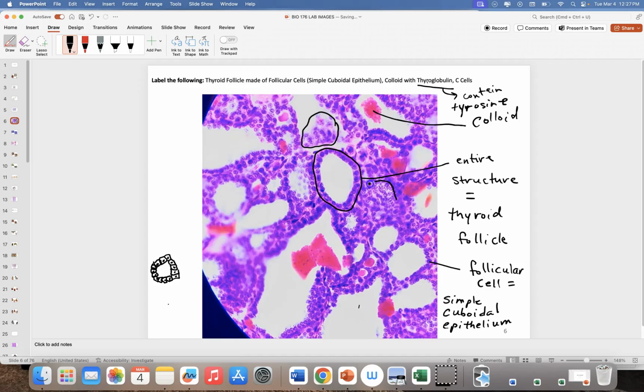We've got this kind of clumping of cells in here as well. Again, if the cells are not forming the ring, if they are outside the ring, then they are known as C cells. And this is where we're going to get the hormone calcitonin.